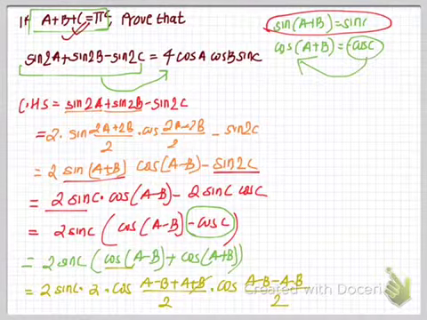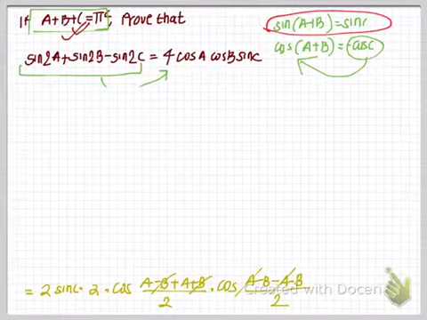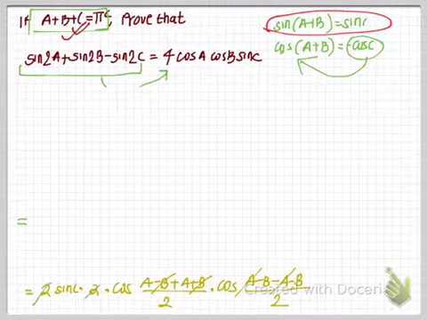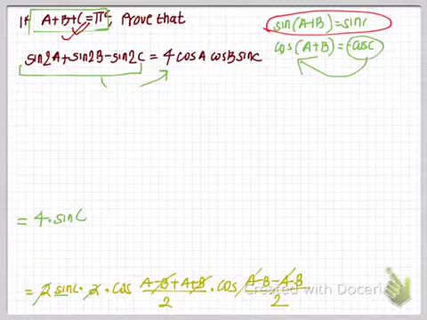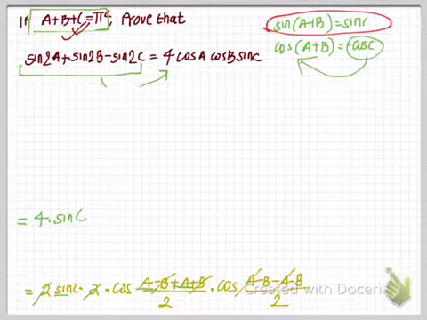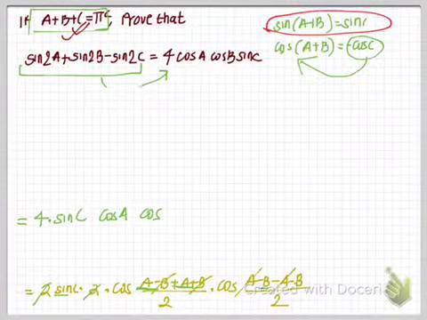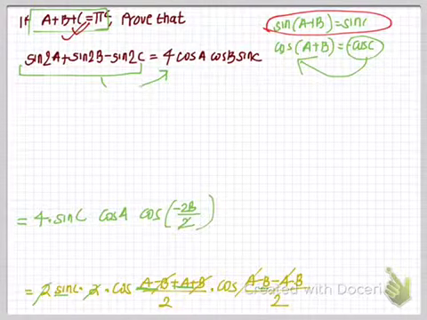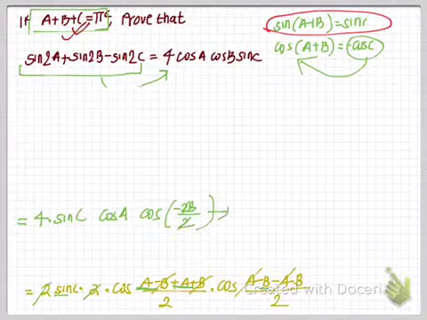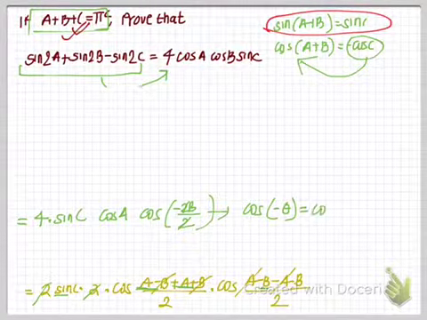So we can get rid of positive B and negative B, negative A and positive A. Finally what we have is 2 times 2 is 4, and then we have sine C, and cos of (A plus A), which is 2A. 2A divided by 2 is simply cos A, and cos of minus 2B divided by 2, we can cancel this 2, so cos of minus B. We know that cos of minus theta is equal to cos theta.